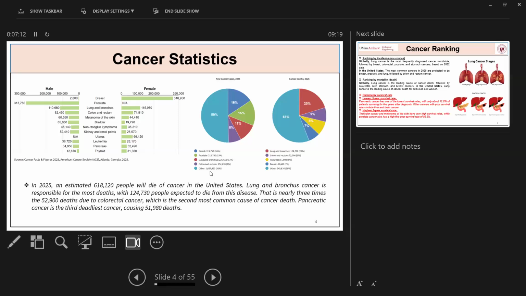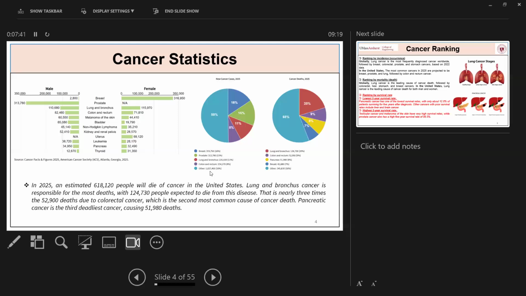Lung cancer and bronchus cancer, bronchus being kind of an air passage to the lungs, are responsible for most deaths. So lung cancer is the number one deadliest cancer, followed by colorectal cancer, the second most common cause of cancer death, and then pancreatic cancer, the third deadliest cancer, causing around 52,000 deaths.